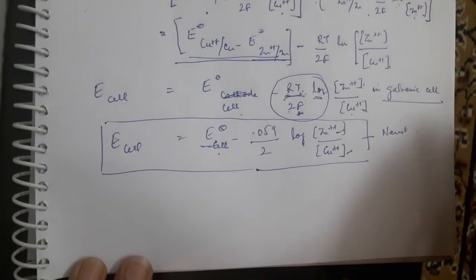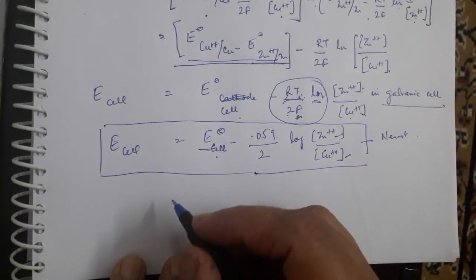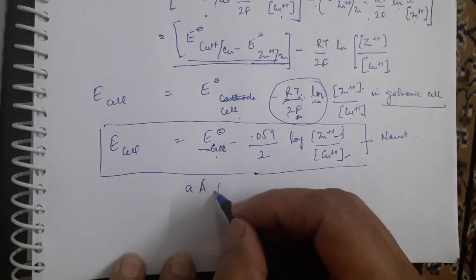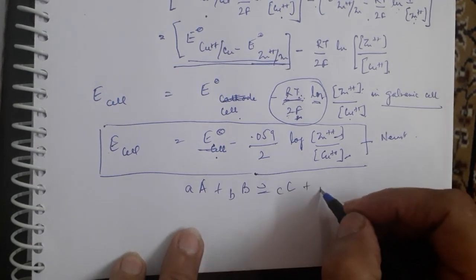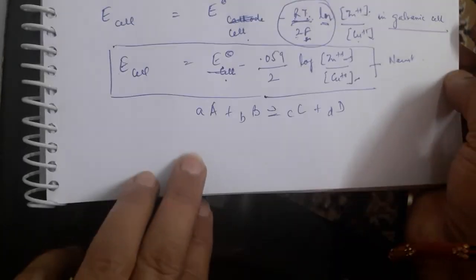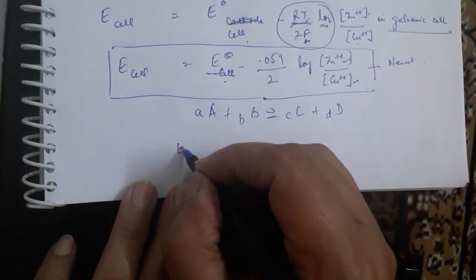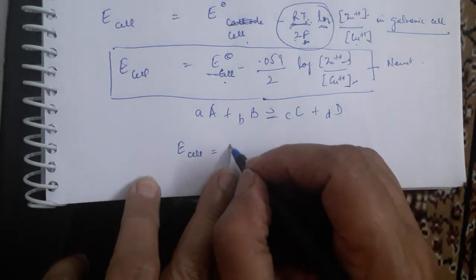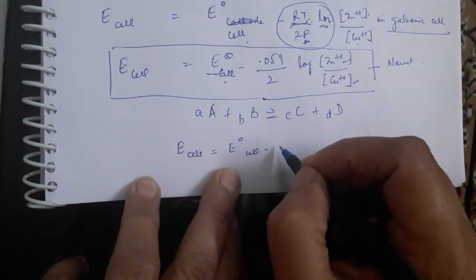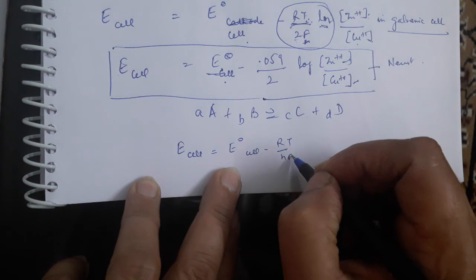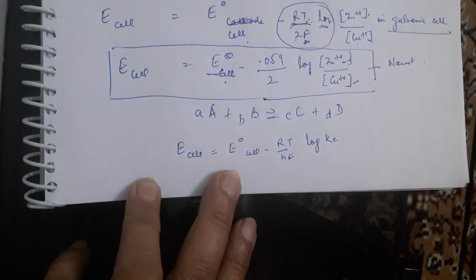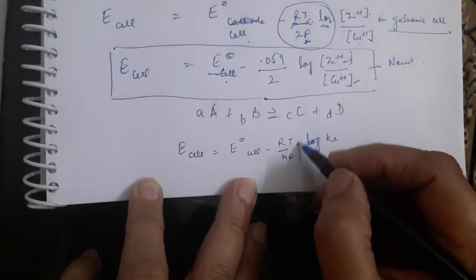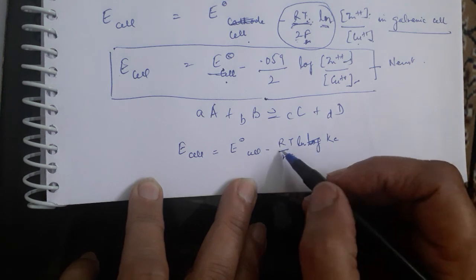Now, for any general reaction, say for example we have aA plus bB giving cC plus dD. What will be the form of the E cell? E cell can be written as E0 cell minus RT upon nF log Kc. Here it will be natural log because we have not converted it yet.